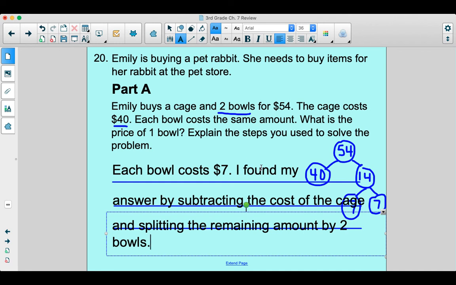Right? So we subtracted out that 40, found out we had 14 left, and then split the 14 into 2 different sections representing each bowl.